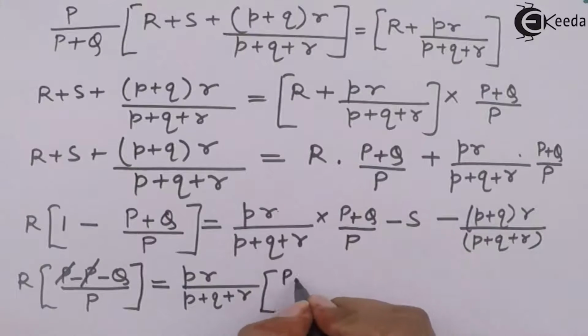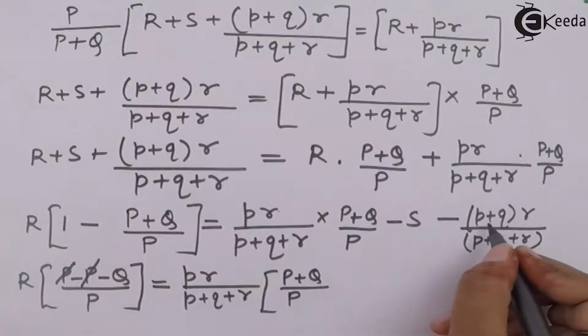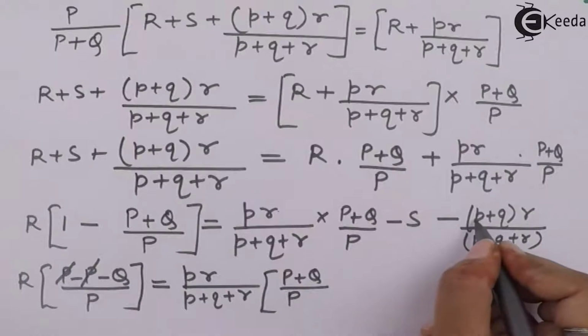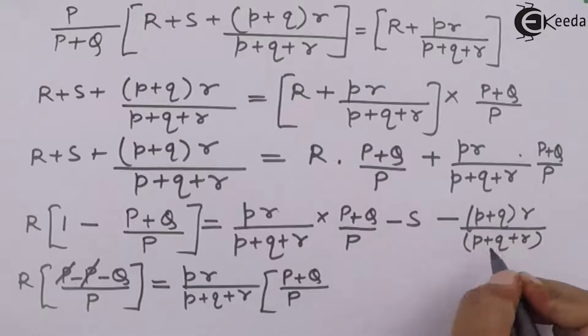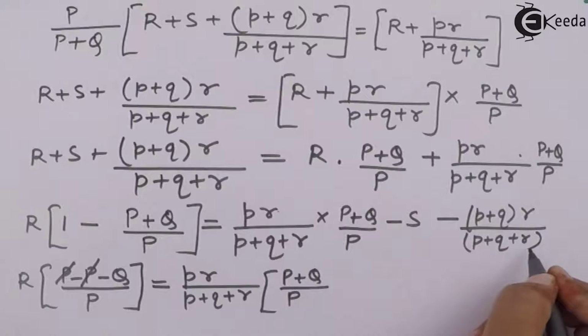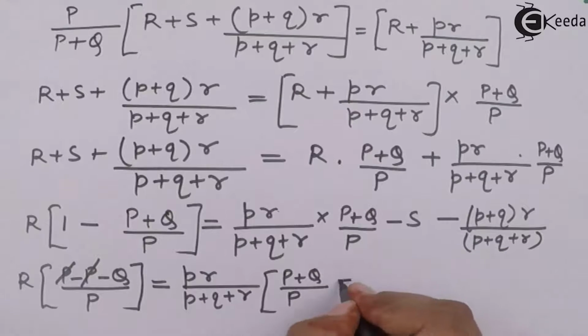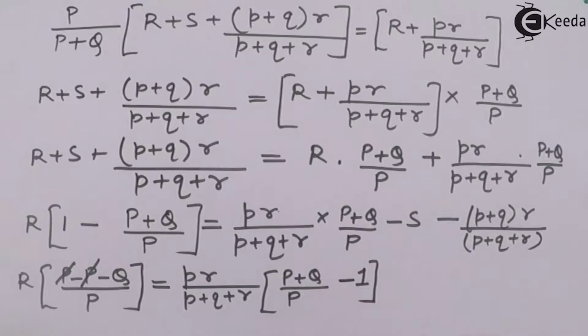Here we are having P plus Q upon P, and here if we multiply, this is minus PR upon P plus Q plus R and minus QR upon P plus Q plus R. So we can take common. So here we are left with minus 1. And what terms are we left with?